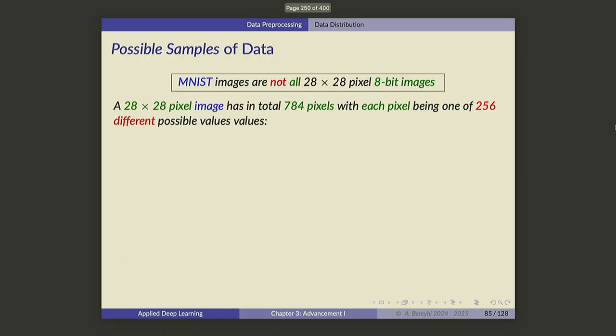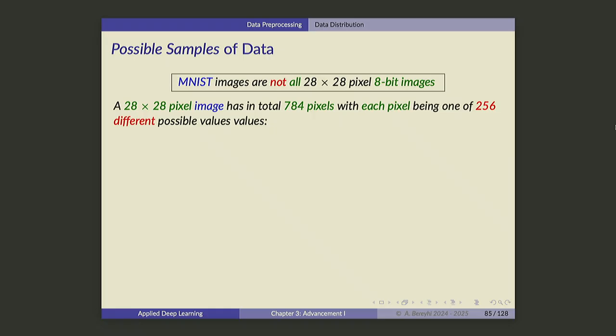So let's do a bit of calculation to get a sense of that. I have 28 by 28 pixels, which means I have in total 784 different pixels, and each of them is one of 256 different cases. How many such images do we have?